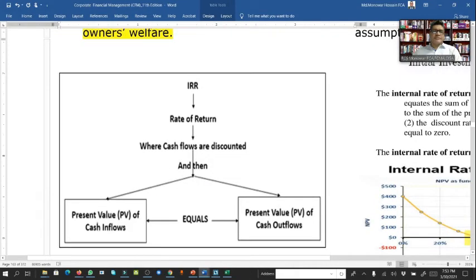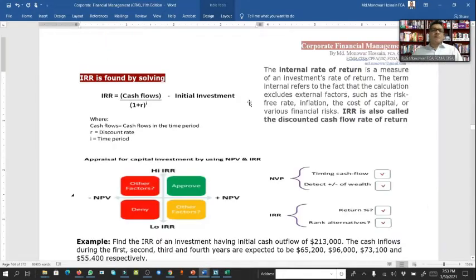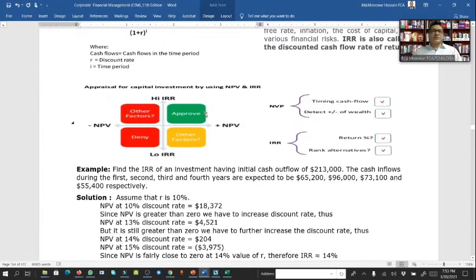We see the present value of cash inflow and the present value of cash outflow when cash flows are discounted at the rate of return, and this way we can calculate the IRR. These are the fundamental rules: cash flow divided by 1 plus r to the power i, where r means the discount rate and i means the period of time, minus the initial investment.